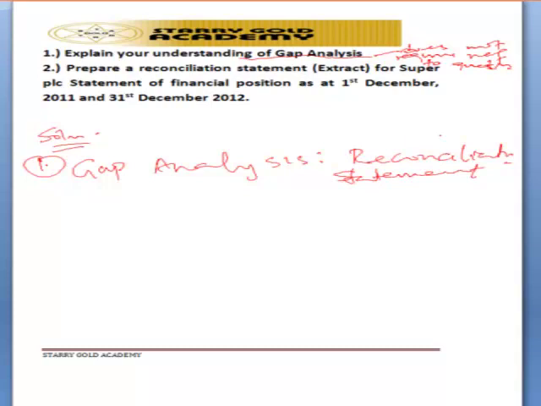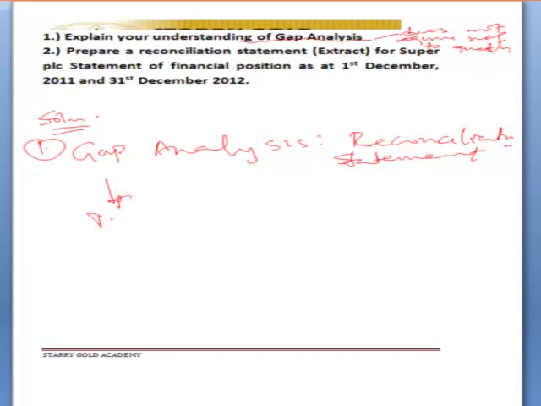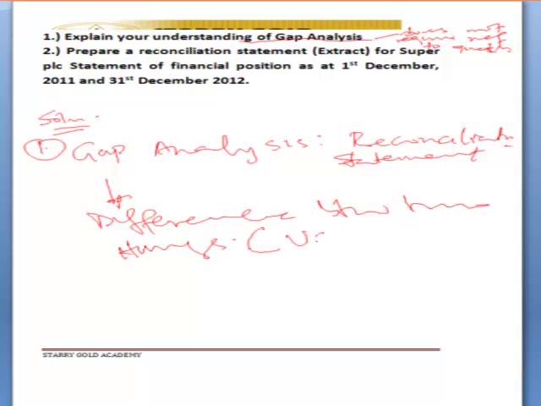For example, in our learning of management, we're able to describe a gap analysis as a difference, something that is a difference between two things. It is actually what we call a variation. So that is a literal definition. It is a variation in two.